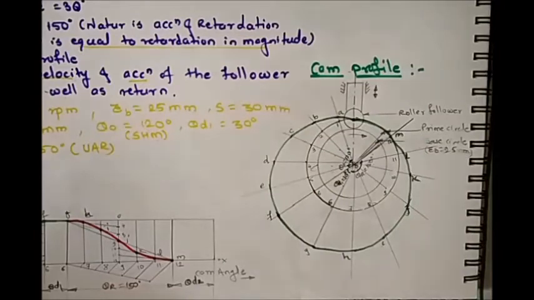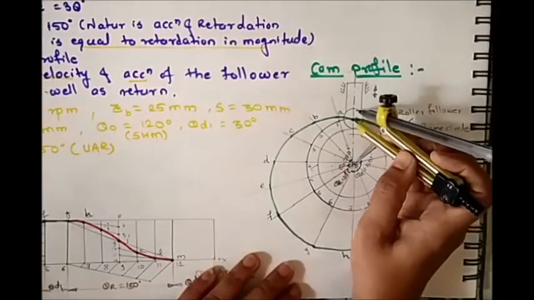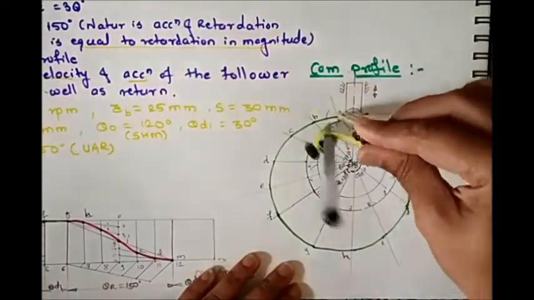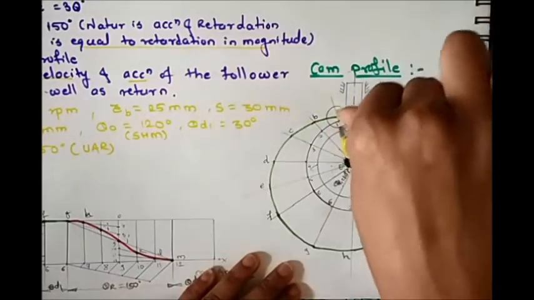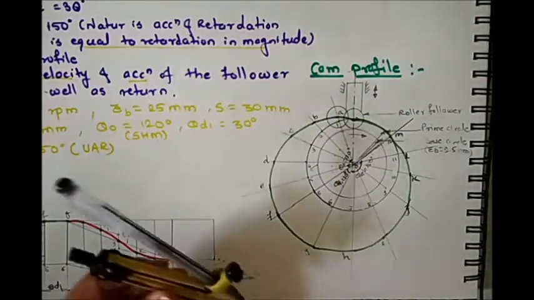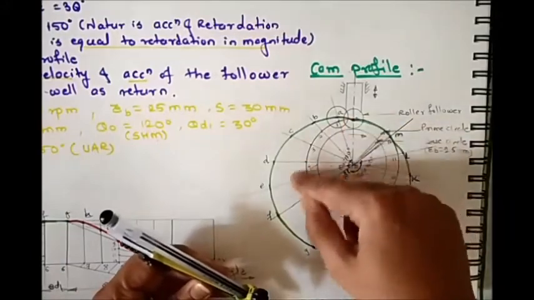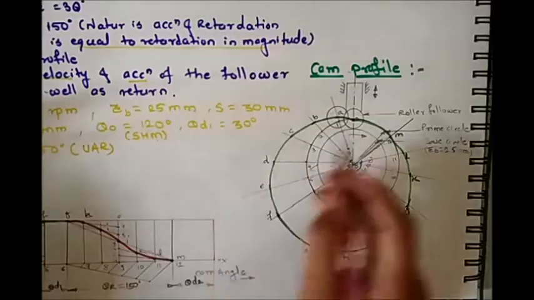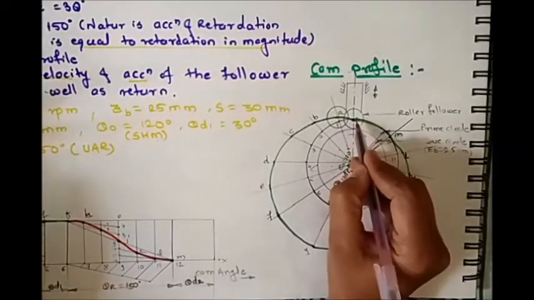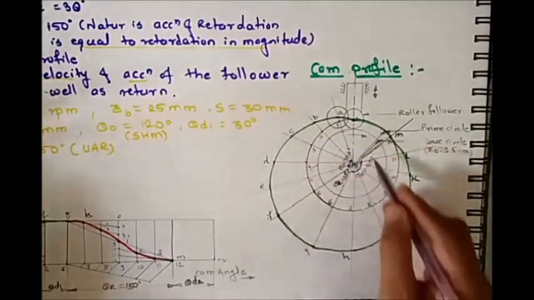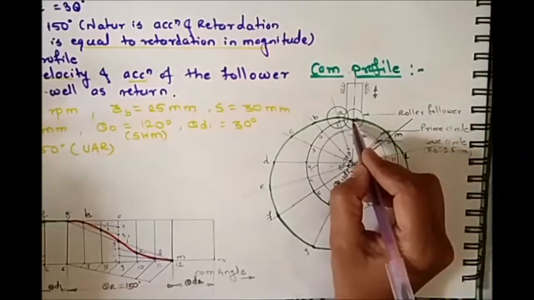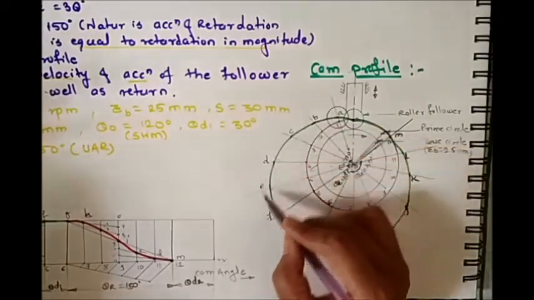Now to draw the cam profile from these points A, B, C, D, let's draw a circle equal to the roller diameter, because this roller moves on the cam surface. When the roller moves over the cam surface, the center of the roller, that is the trace point, traces a pitch curve. Right now we get this pitch curve because this center O1 traces A, B, C, D and so on.